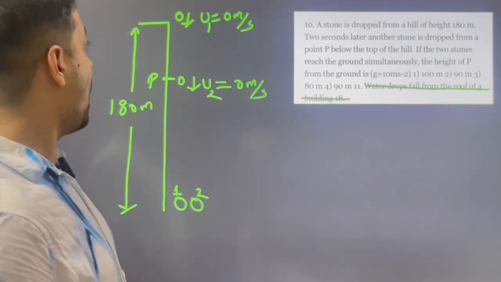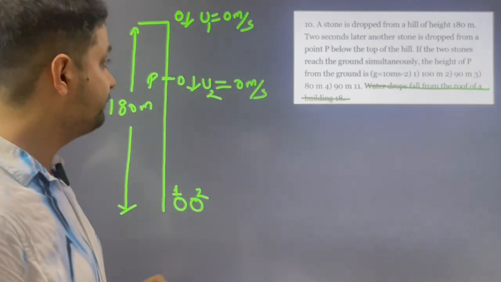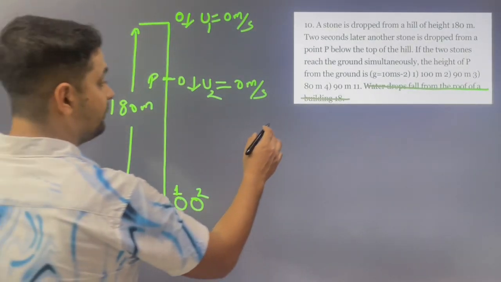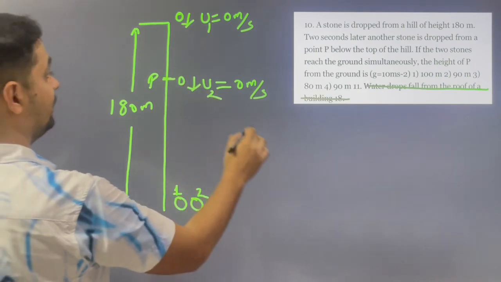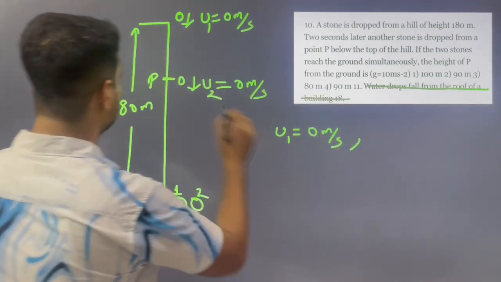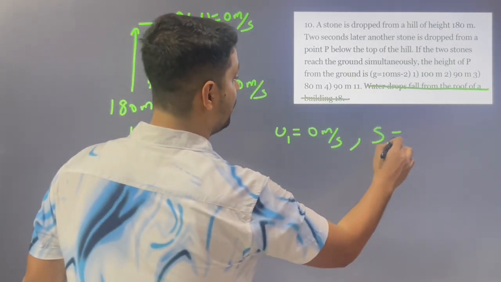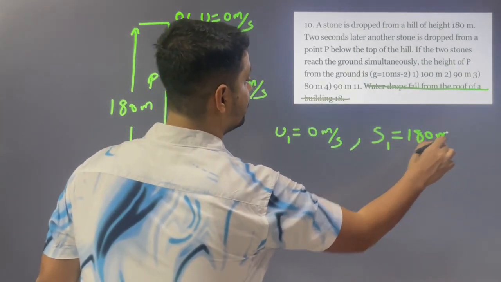So first we will find the time for the first stone to come from here to here. You know the initial velocity u1 is 0 meter per second, and the first stone covers 180 meter distance. So s1 is 180 meter.